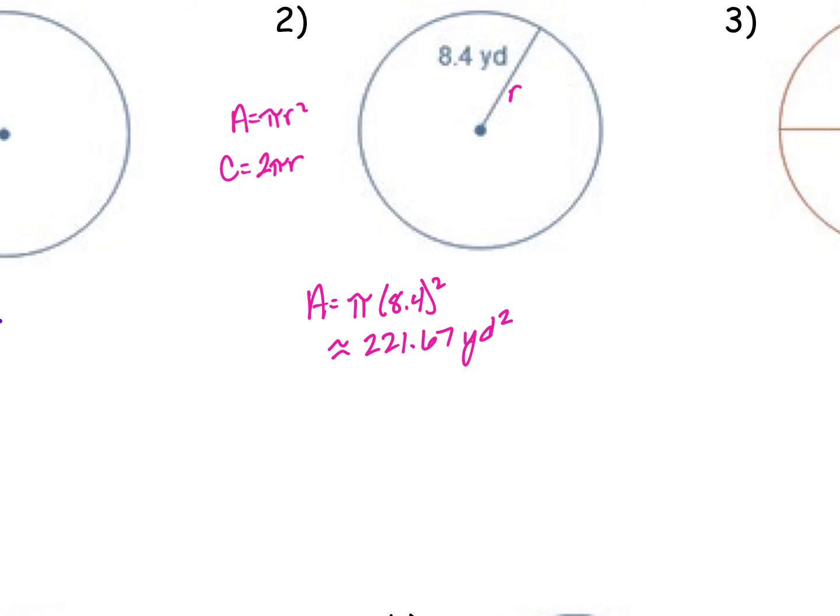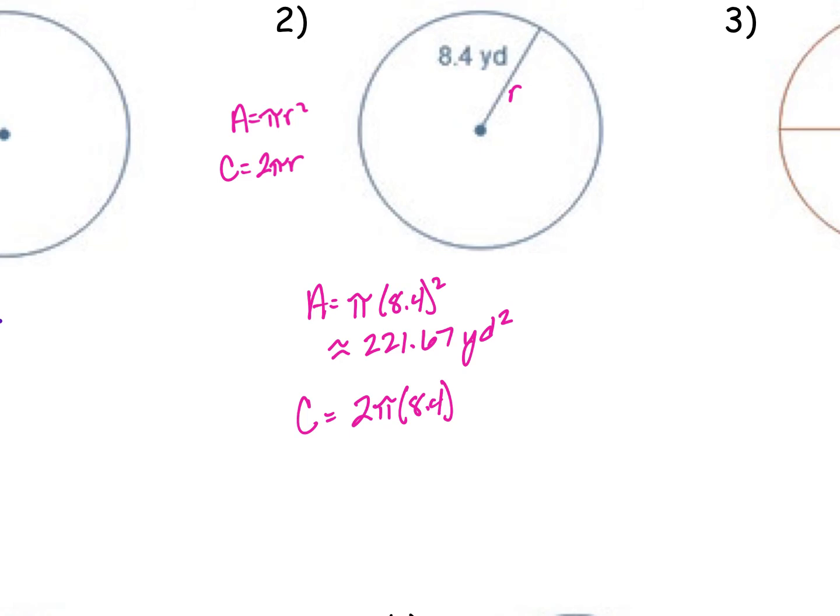Circumference is going to equal 2 times pi times my radius, which is 8.4. Remember, 2 times my radius is not the same as radius squared. Radius squared is the radius times the radius, and 2 times the radius is 2 times whatever the radius is.